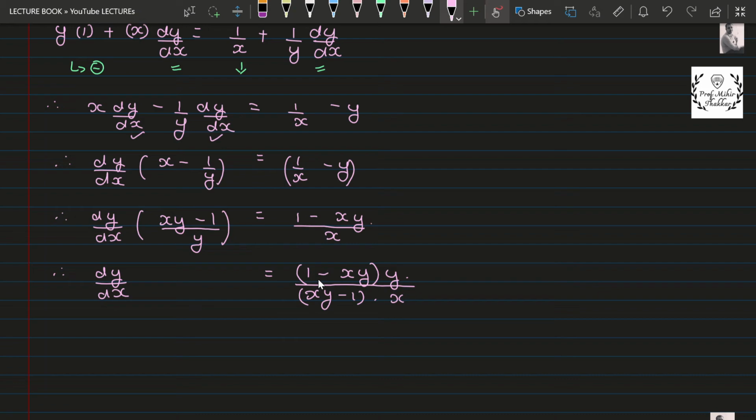There is only a difference of sign. So in order to simplify that, what I do is I take out minus common over here, so that it looks like xy minus 1 into y upon xy minus 1 into x.